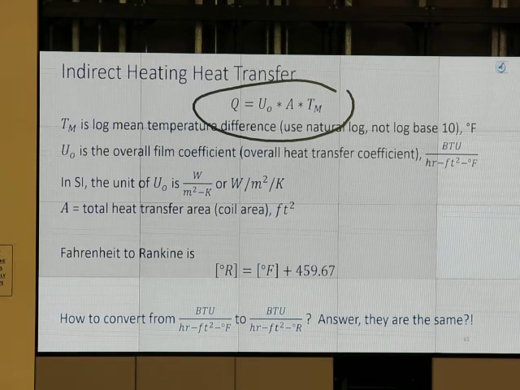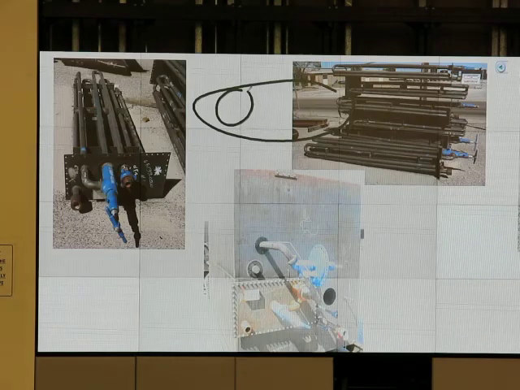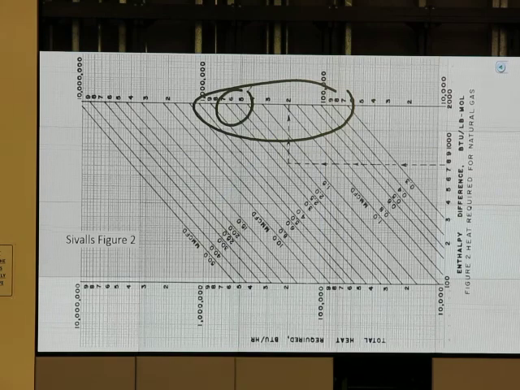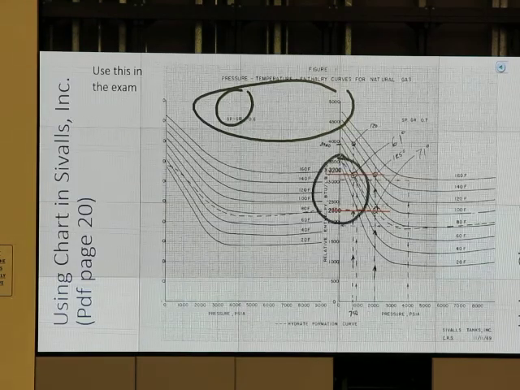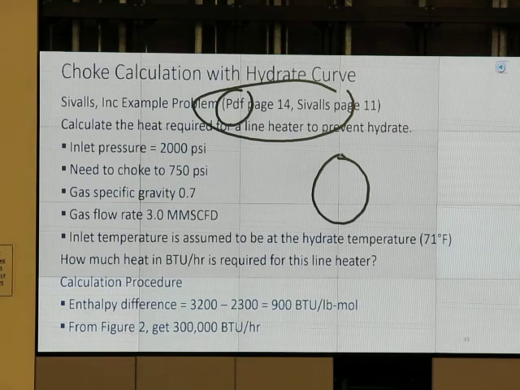Well, you get it from the chart. We already have it, right? That Q is BTU per hour that we previously calculated when we use this chart. We already have it. Okay? And that Q value is 3000 BTU per hour.